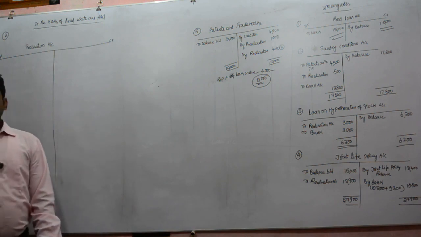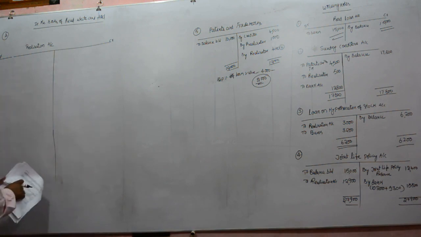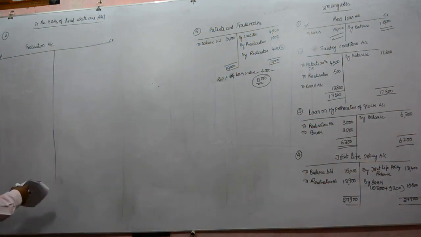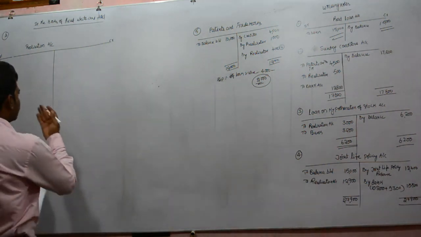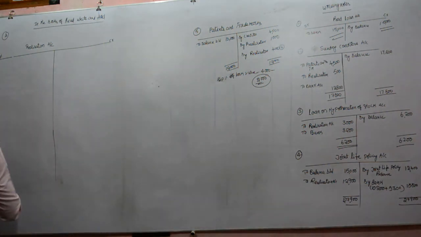This realization account, first debit all the assets. So as per this working notes, except those remaining all transfer to realization account debit side.